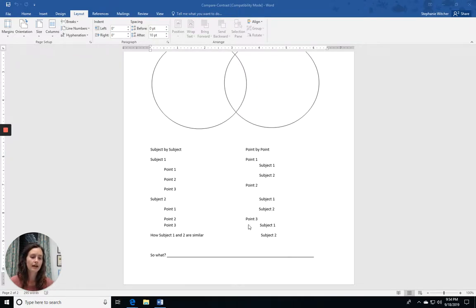Okay, and then point number 3 was research, and I talk about English 101 and then English 102. And then I probably might still need another paragraph that then talks about how they are the same. All right. So you can see basically these are just opposites of each other. One goes by the subjects, and one goes by the points you're going to make about those subjects.